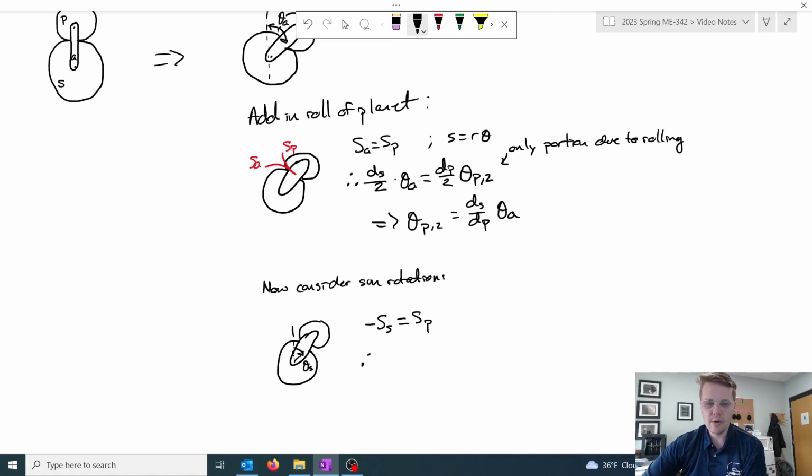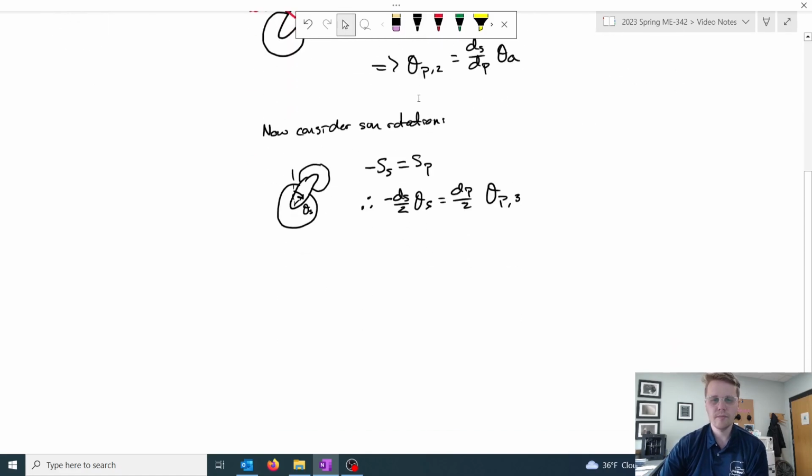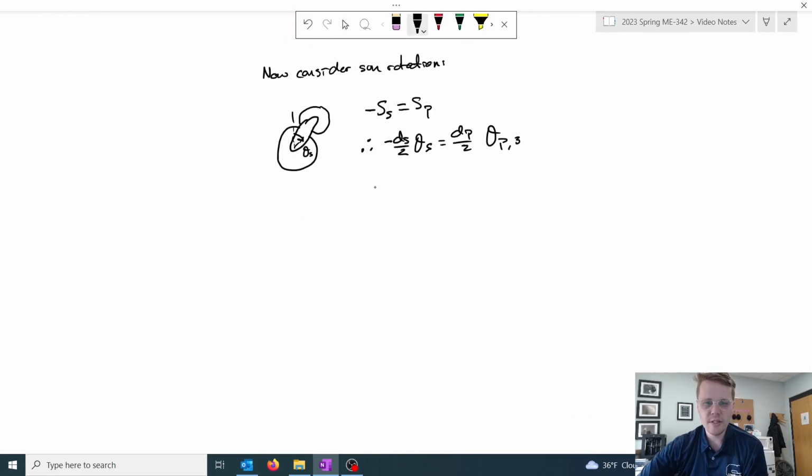So now we can rewrite that equation as minus ds over 2 theta s equals dp over 2, and the last portion of our planetary rotation. And so rearranging this equation for theta p3 gives us minus ds over dp theta s.